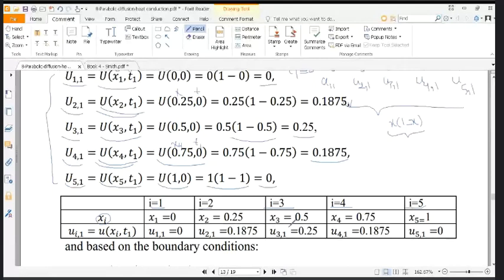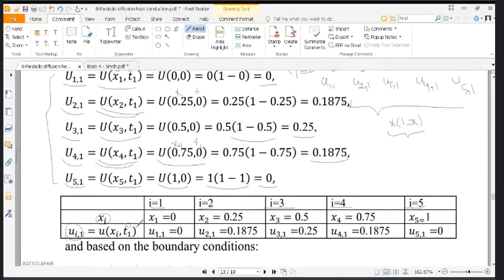And in the third row, you have the value of u based on the initial condition, ui,1. ui,1 means u at xi and t1, the initial step.